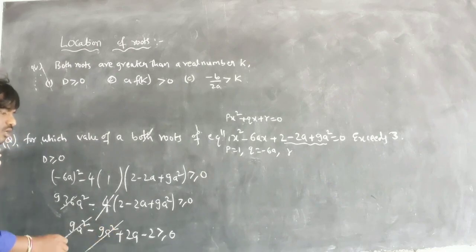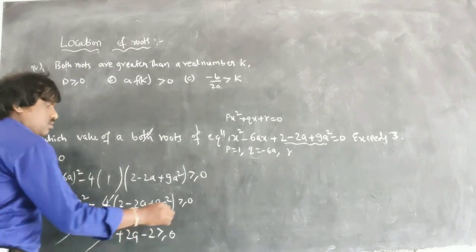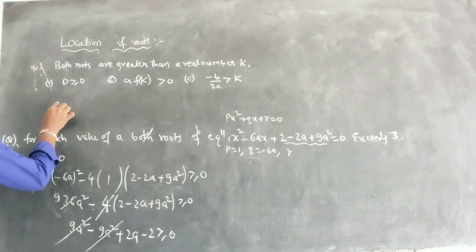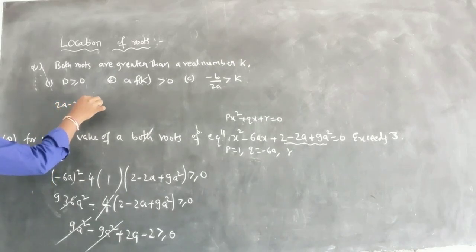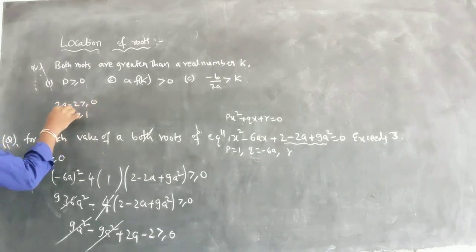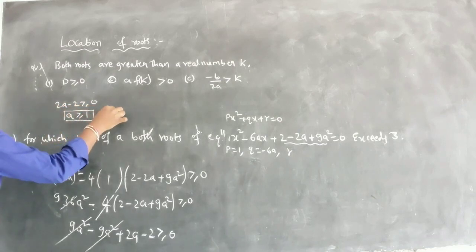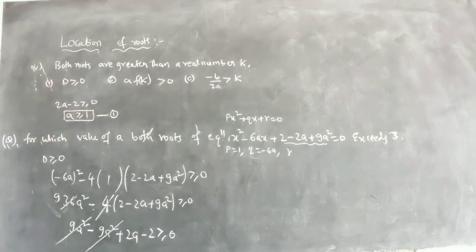What I got here is 2a minus 2 greater than or equal to 0. So a will be greater than or equal to 1. From the first case I got one answer.